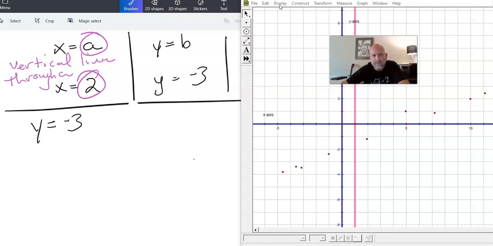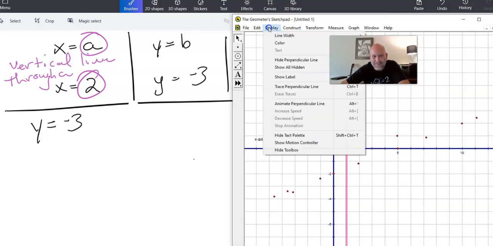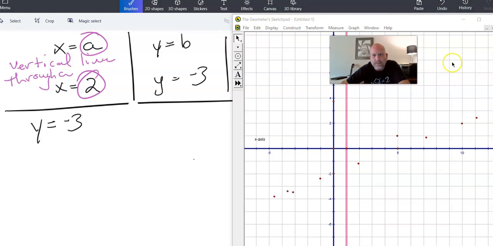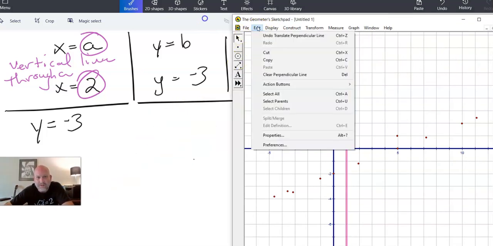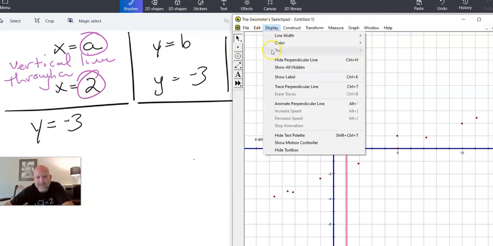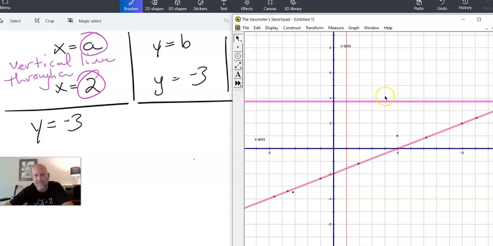Sorry, my screen doesn't like this thing on there. Okay, I think that's what it is. Let's try this. There we go. I want to show all hidden. All right, I finally figured out the technology. Okay, so let's hide that and let's hide that.